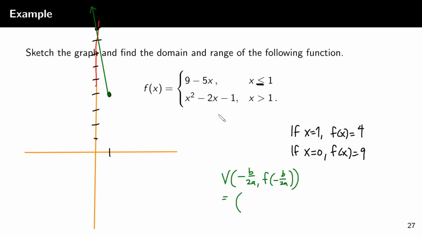And what is negative b over 2a? So b is equal to negative 2 and a is equal to 1. So we have negative of negative 2 divided by 2a, which is also 2. So this is actually equal to 1.